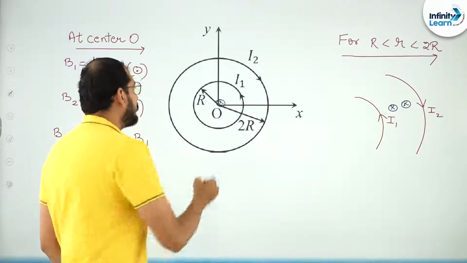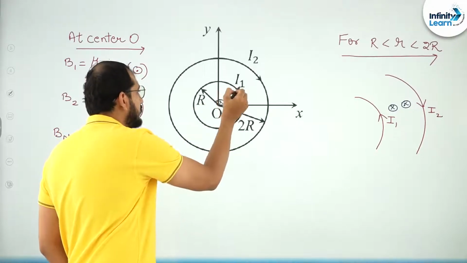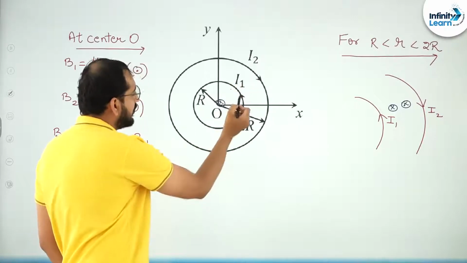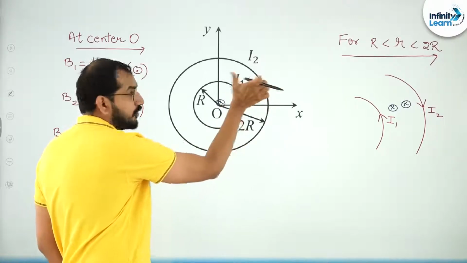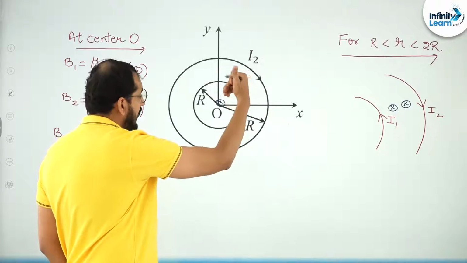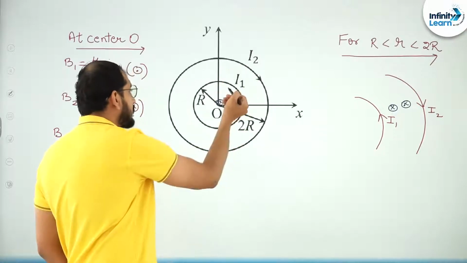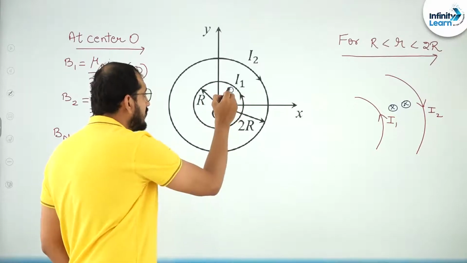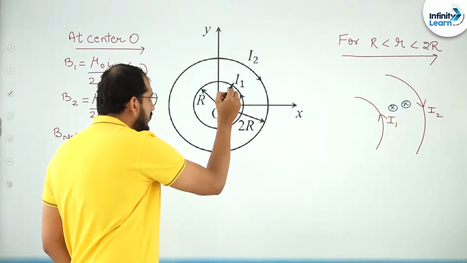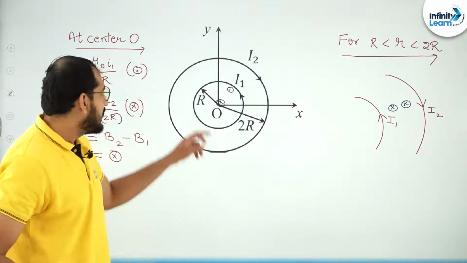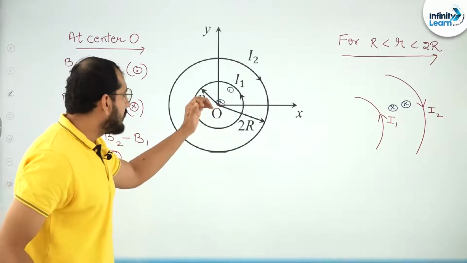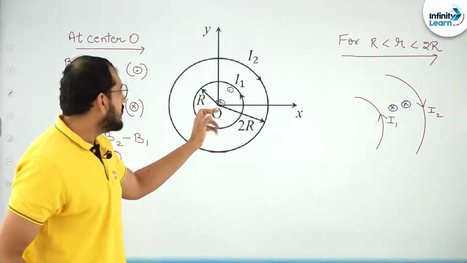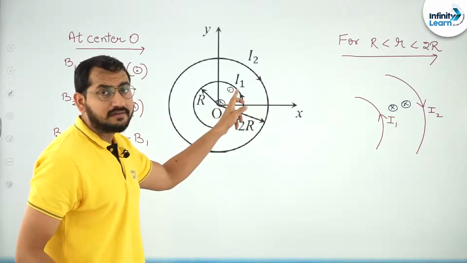Now if I select a point which is near to this loop I1, and I put my thumb in the direction of current and curl my fingers, they are coming out. That means the magnetic field is out of the page at a point very near to this coil I1. So at one point the magnetic field is into the page, and here the magnetic field is out of the page.